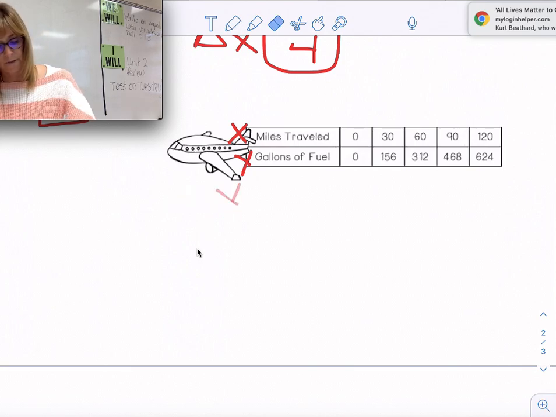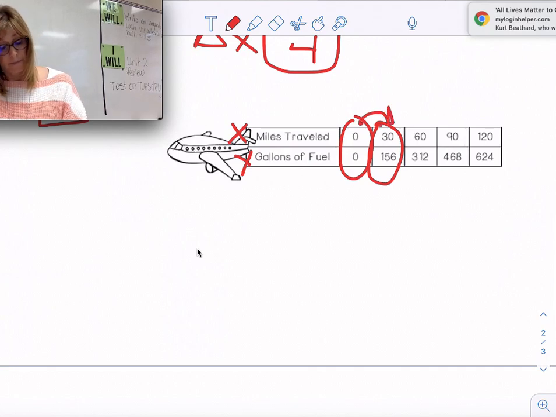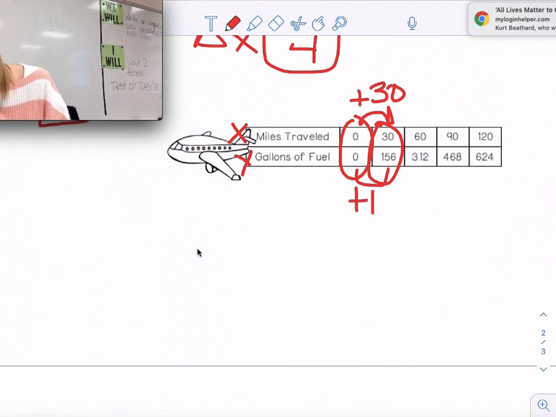Okay, so picking 2 points, I'll just use the first 2 points. Okay, so 0 to 30 is plus 30. 0 to 156 is adding 156.